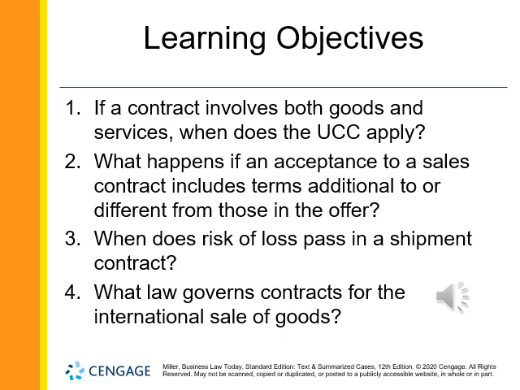Second question. What happens if an acceptance to a sales contract includes terms which are additional to or different from those in the offer? Third question. When does risk of loss pass in a shipment contract? And finally, what law governs contracts for the international sale of goods?